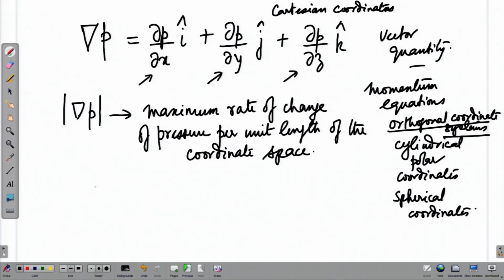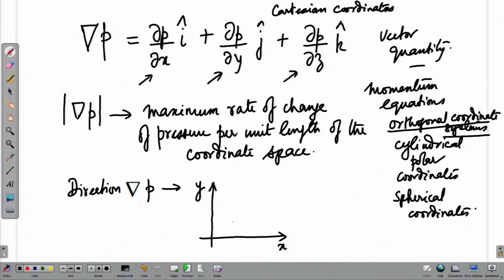What about the direction of grad p? It is the direction along which the maximum rate of change of pressure occurs at a given point. So, if you are again looking at the field in a planar sense, in the x y plane, you could have contours like this, lines which indicate constant pressure.